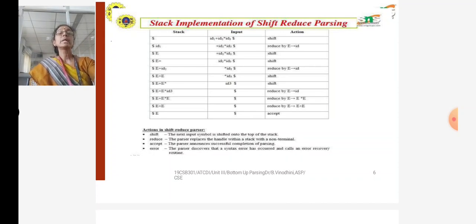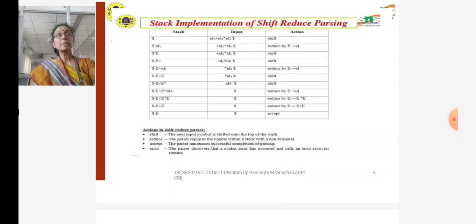First we look at the top of the stack and the first input symbol. If there is an E going to something, with E and id, there is a corresponding production, so the id is shifted first. Once there is a reduction, the non-terminal replaces the corresponding id.